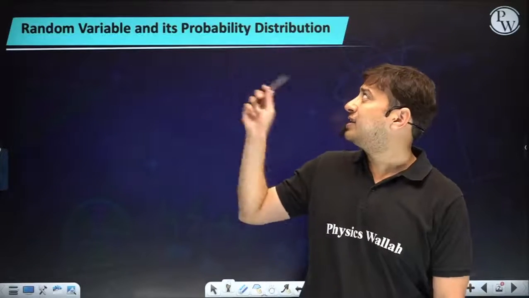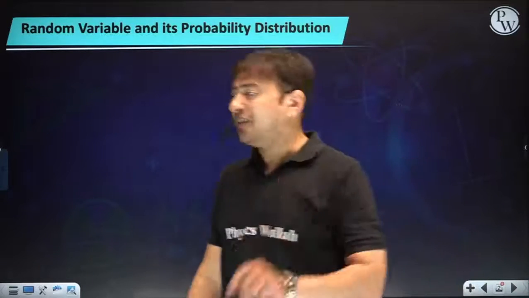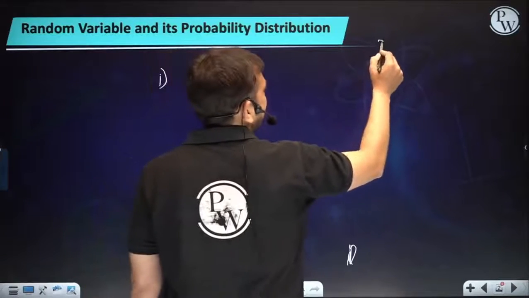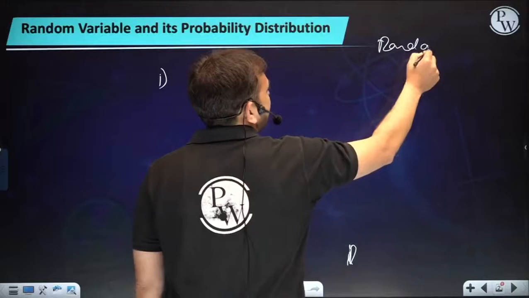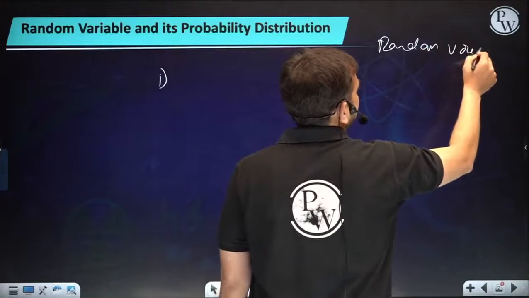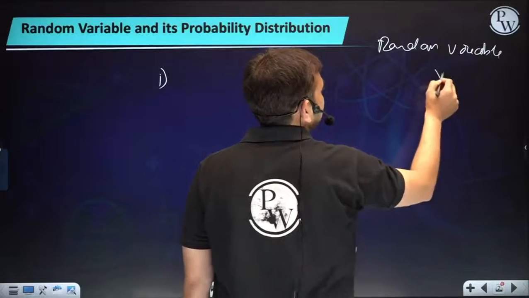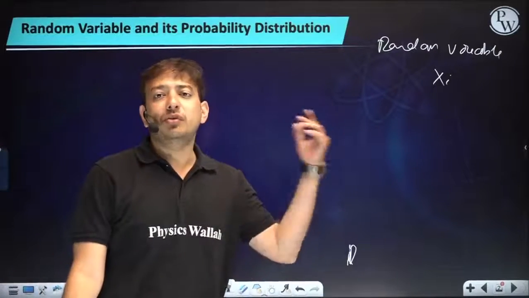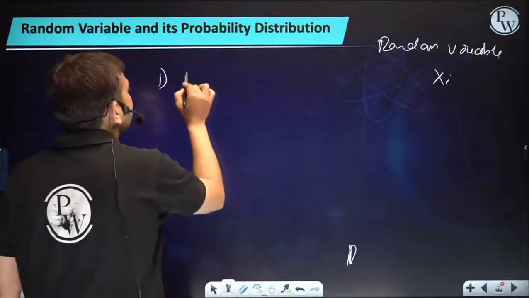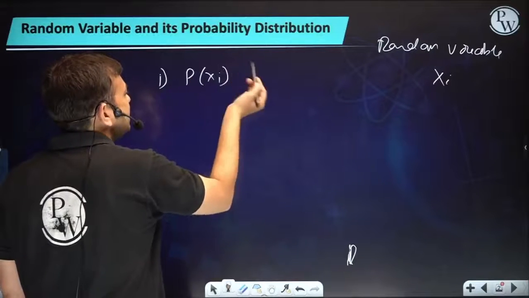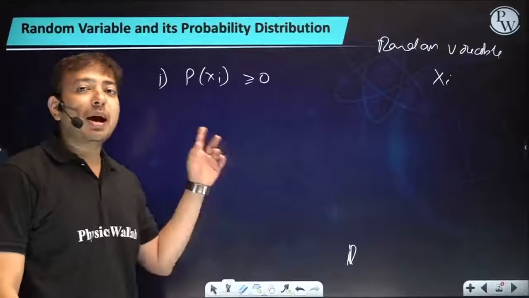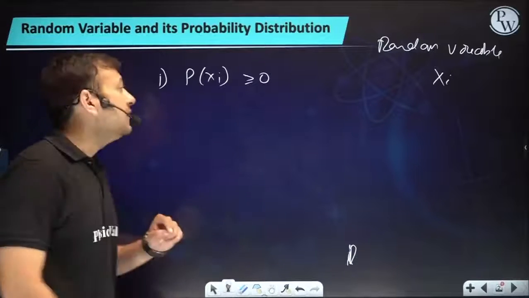That will be termed as a probability distribution if, first, suppose the random variable is xi, meaning number of 1 head, number of 2 heads, like that. First condition: probability of each value should be greater than or equal to 0, meaning probability cannot be negative.